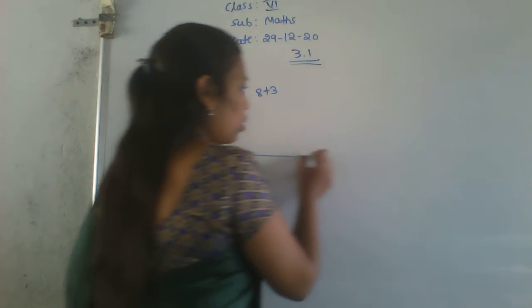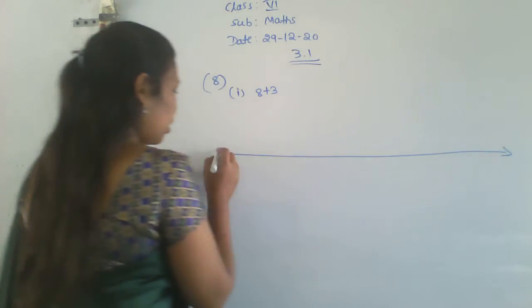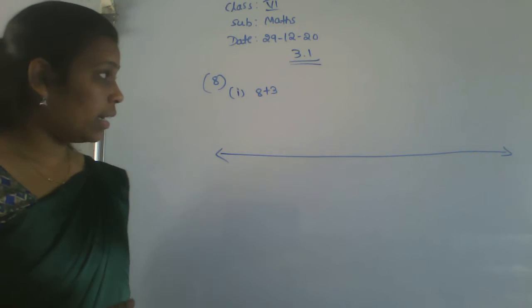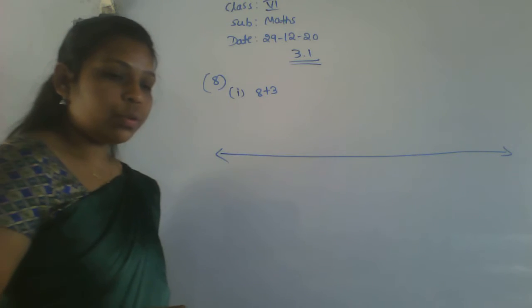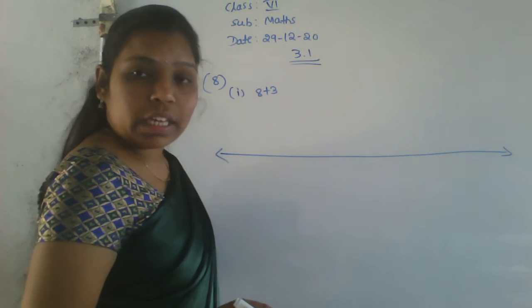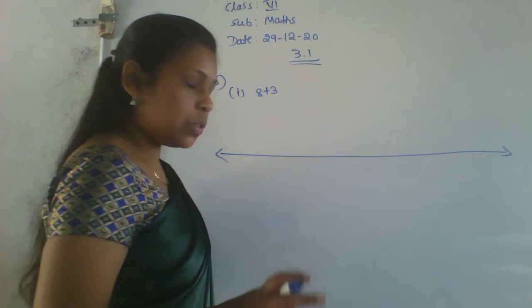Okay, first draw a number line here. Here both are positive numbers only. We don't put a negative number here. Here we are discussing only whole numbers, right?